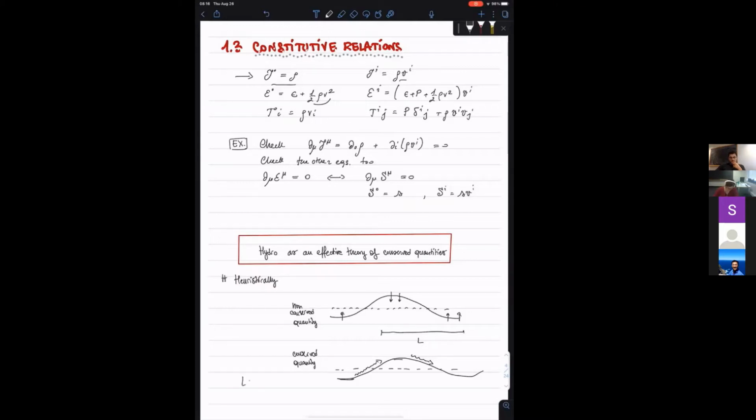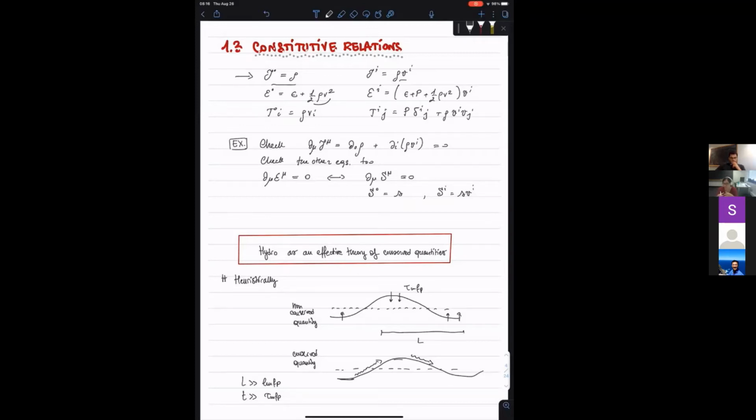Therefore, if the length scales and the time scales of the perturbations are very large with respect to the microscopic scale of equilibration of the non-conserved quantities, then we can think that the only quantities which are relevant for the problem are these conserved quantities.